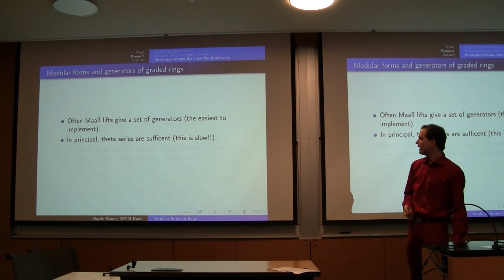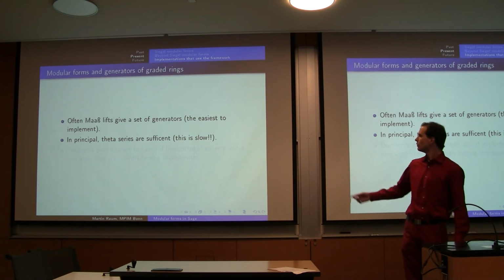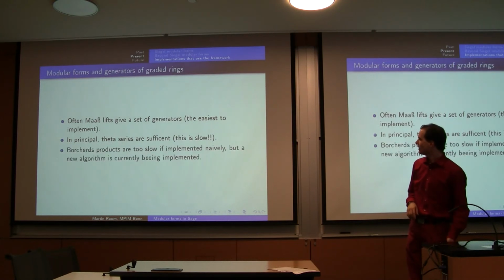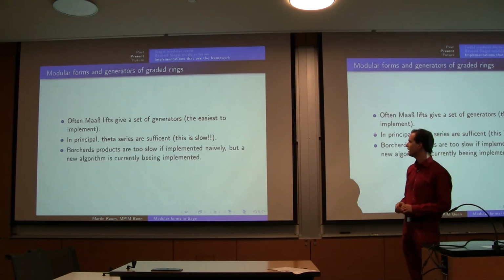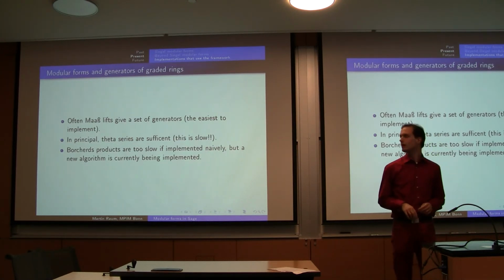But yeah, any reasonable implementation will provide that, and actually Nathan, Niels and me and Gonzalo also, we have the theta series. That's very important, I think, for applications. And Borcherds products are not really implemented, except Nathan was thinking about providing a very naive implementation, but that will be slow.